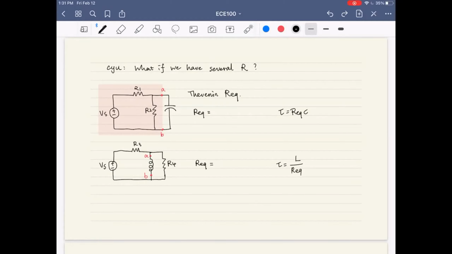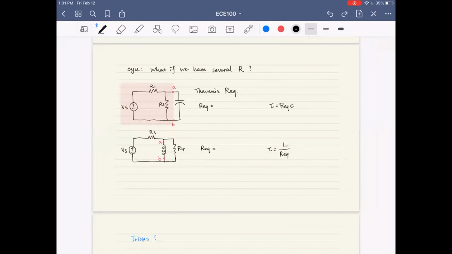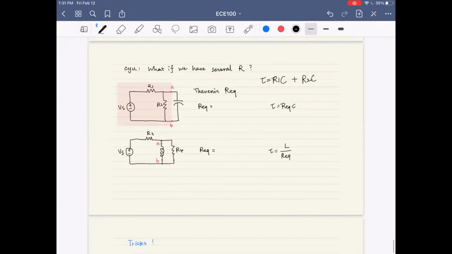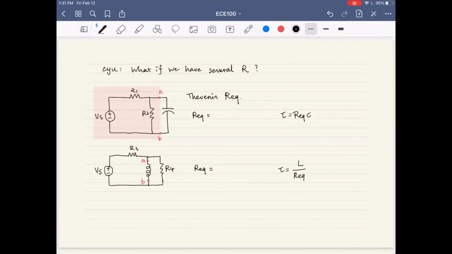Yes. So we cannot simply calculate them by noticing that there is an R1, so R1C might be tau 1 and R2C might be tau 2, and combining them together. That might be correct in some cases, but that is a gamble. So let's fully understand it.